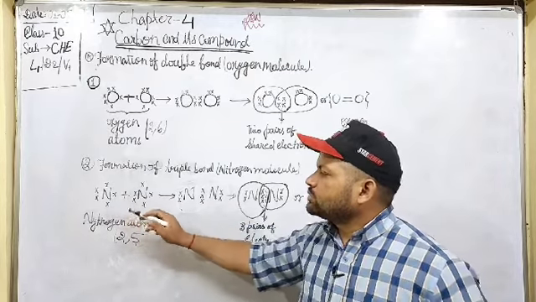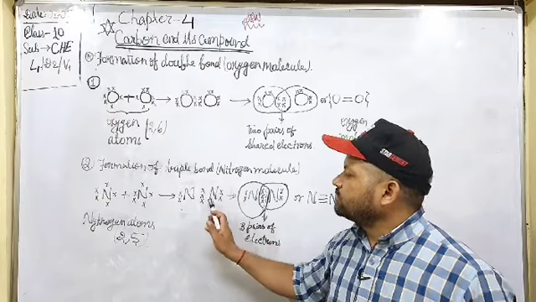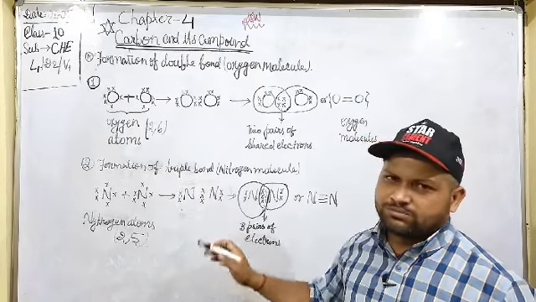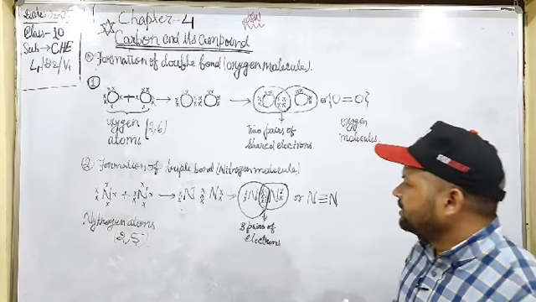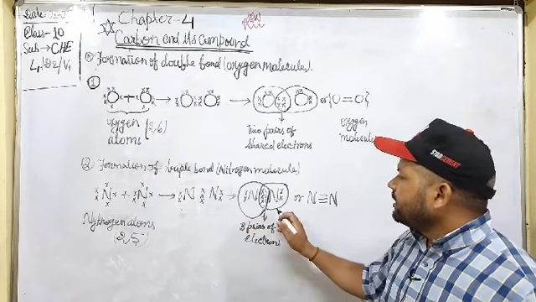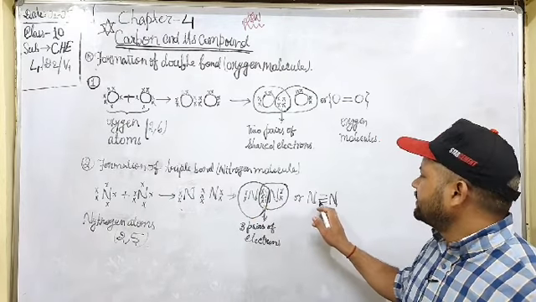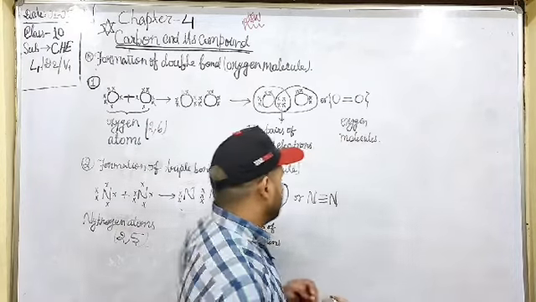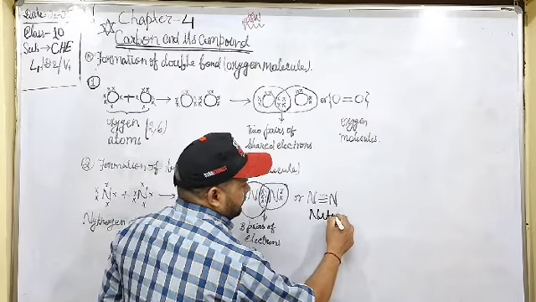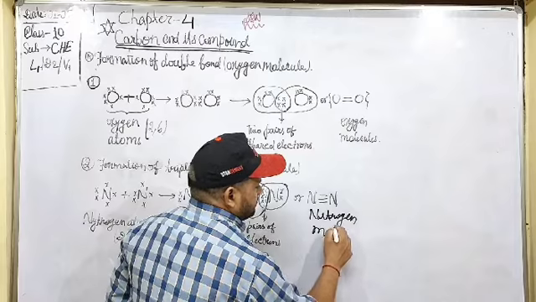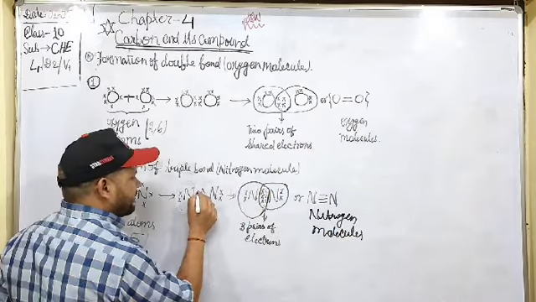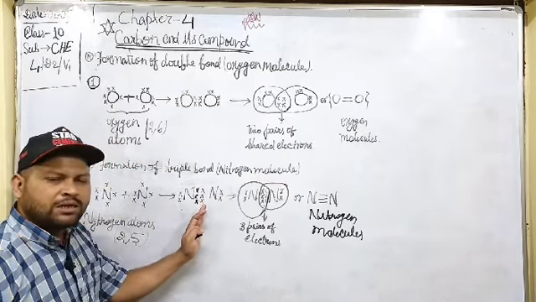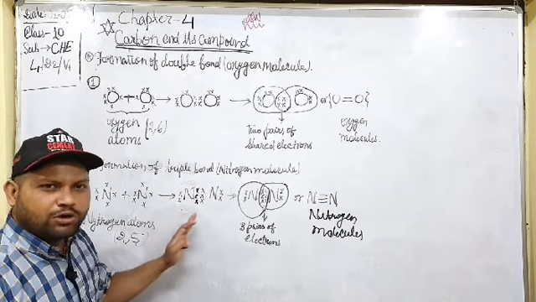So the 5 electrons of nitrogen are shared with the 3 electrons of the other nitrogen. Here the first nitrogen atom and here the second nitrogen atom both share 3 electrons and form the Lewis structure in this way, and the formation of 3 bonds takes place, and the nitrogen molecule is formed. Here 3 electrons are shared by this nitrogen atom and 3 electrons by this nitrogen atom to complete its own octet.